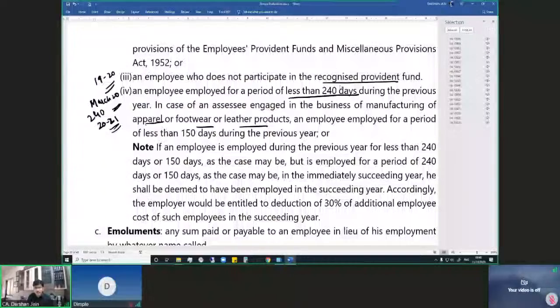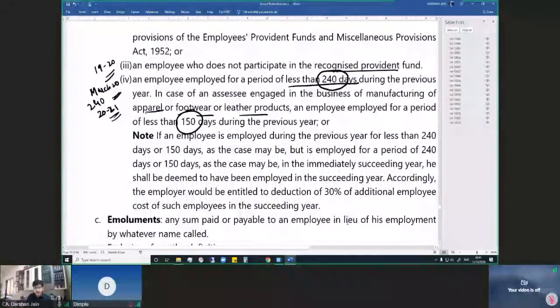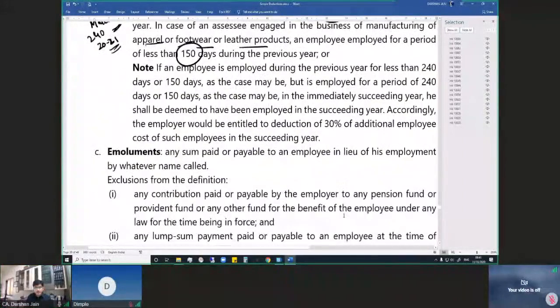So the timeline of 240 days is reduced to 150 days. As far as the succeeding year is concerned, I've already explained what could happen. An employee is employed for a shorter span of time in the current year, but he could be employed for 240 days or 150 days, as the case may be, in the succeeding year. In that year, he would be treated as an additional employee.